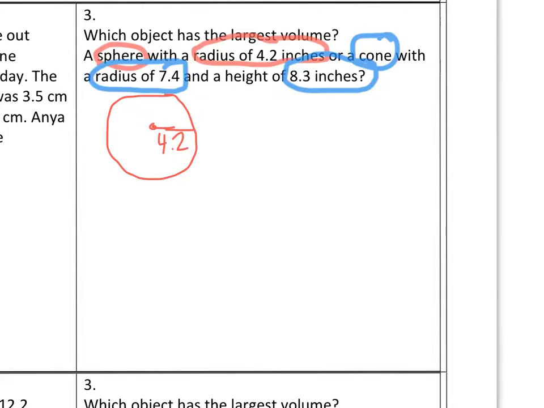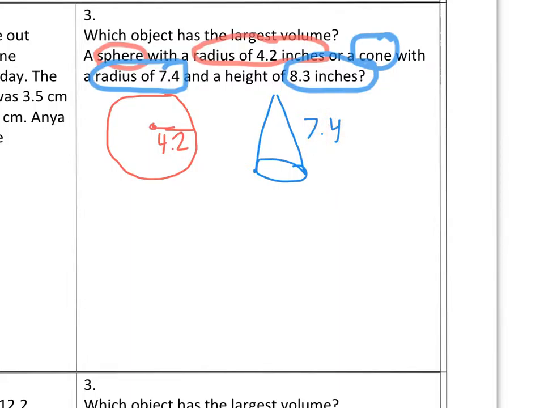And the cone, so go ahead and draw these in too. A cone is got a height of 7.4. And watch out for the radius and diameter trick. Okay, and here it does say a radius of 7.4, so we're safe there. Oh, wait a minute. Ooh, height of 8.3 inches, so that 7.4 isn't right.